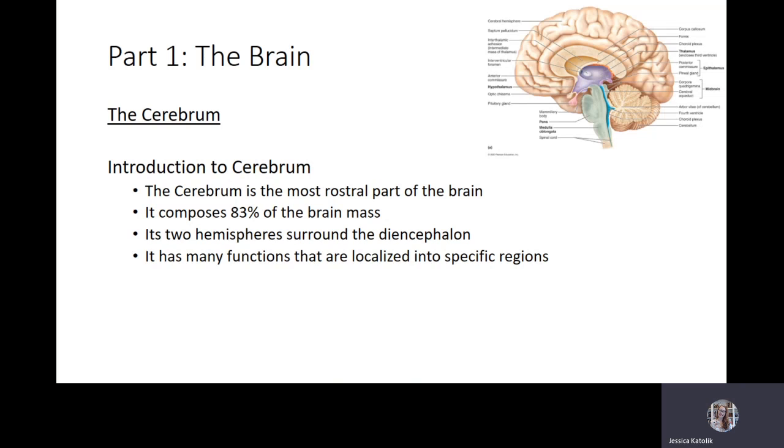So researchers can ask participants in an fMRI to perform specific functions, and they can look at what regions of the brain increase their blood flow and therefore light up on the diagram.